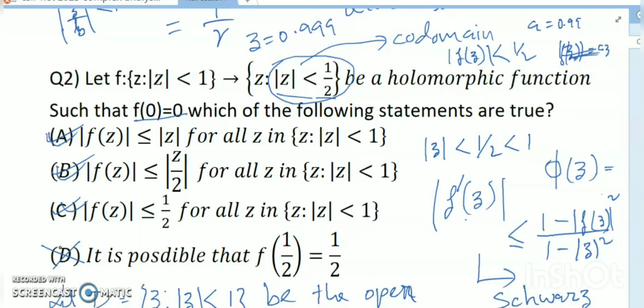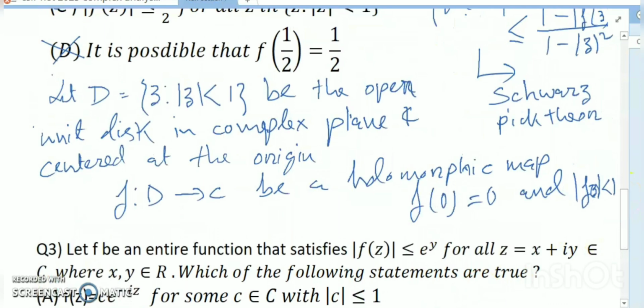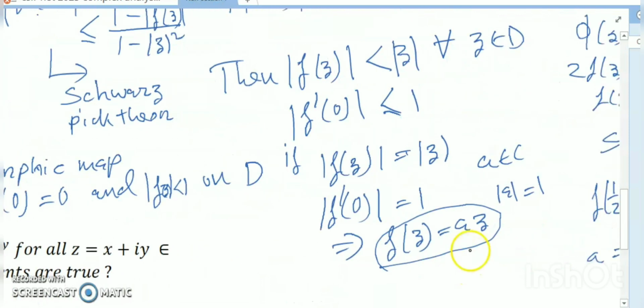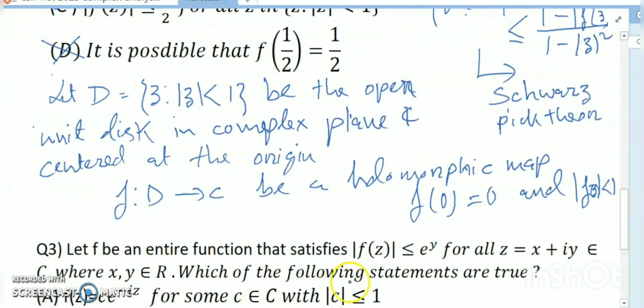Why? Because of the Schwarz theorem, fz equals epsilon z, or az, where mod of a equals 1. So when we put f half, it is equal to epsilon into half.